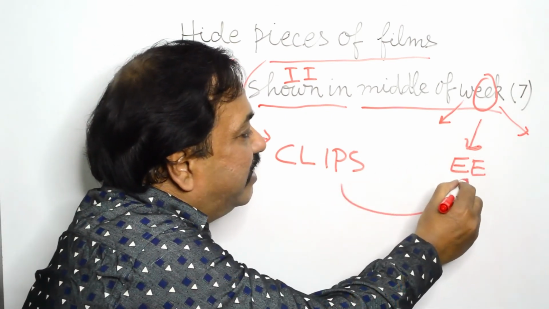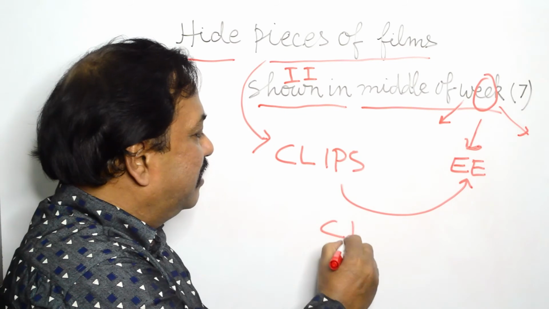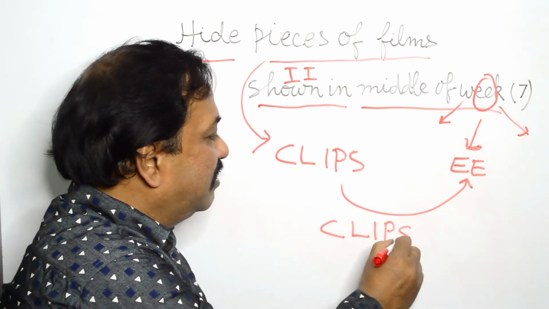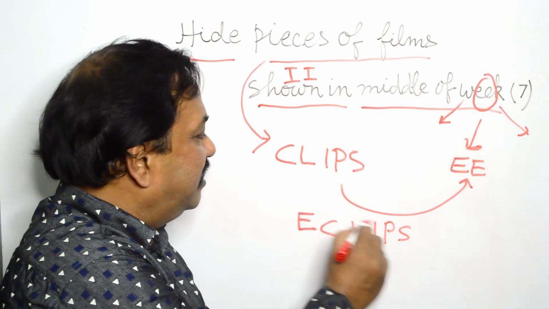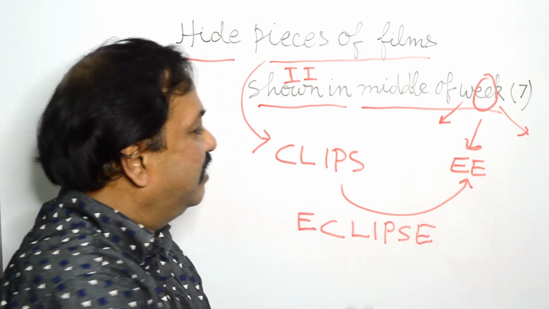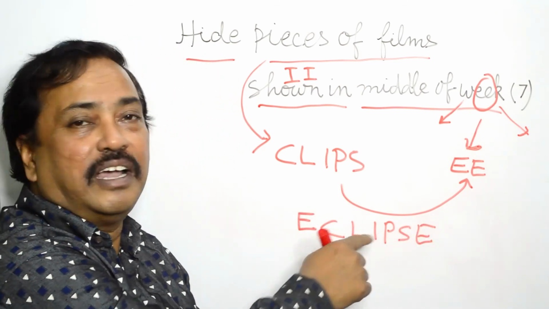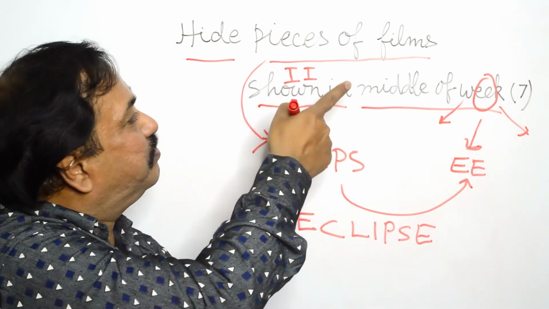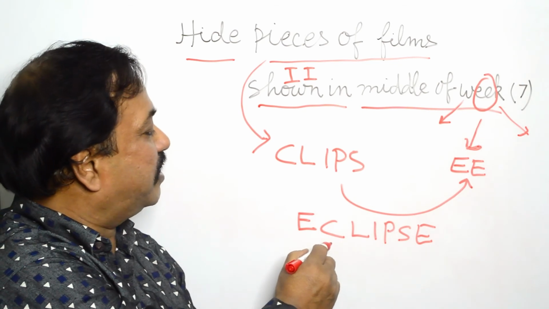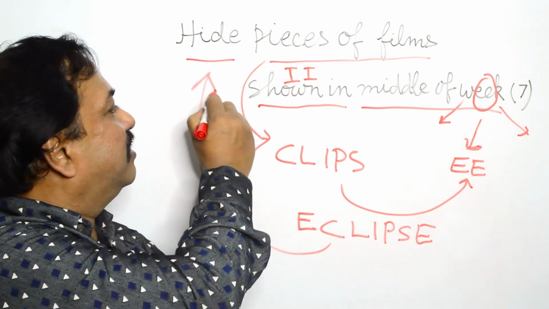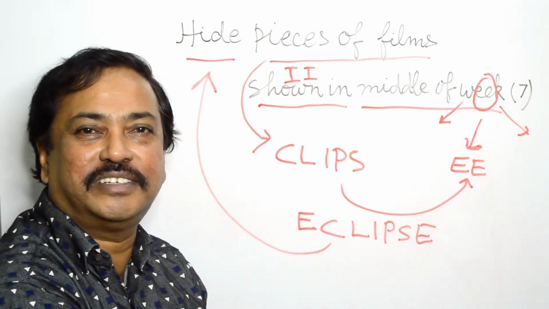So it will go inside this. Clips will go inside E and E, since this is an insertion clue. And what is eclipse? To eclipse is to hide. And this is our answer.